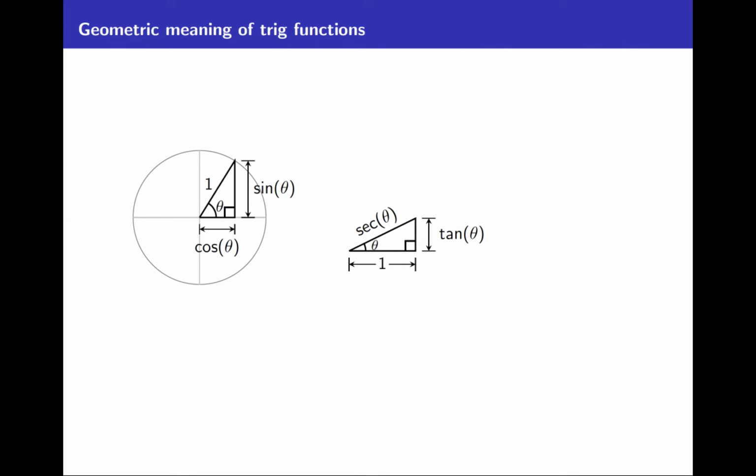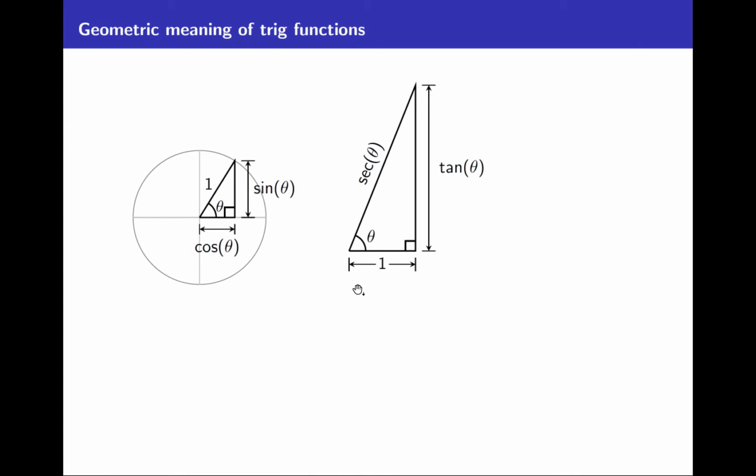And if you increase theta, tangent theta and secant theta grow, as you can see. They're functions of radian measure theta. This picture is just as fundamental as this picture for sine and cosine.